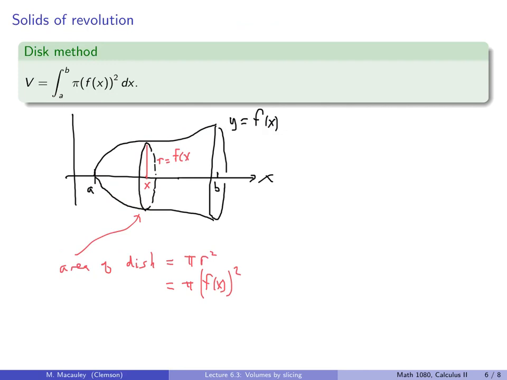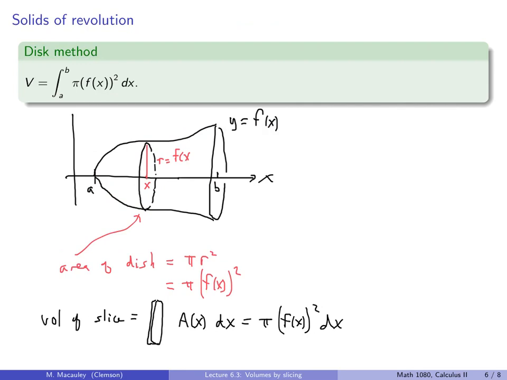So the volume of a slice is, let me actually draw this. That's a terrible drawing, but you get the point. Volume of a slice is area at x times dx. Area, we've already said, is pi times f of x quantity squared times dx.